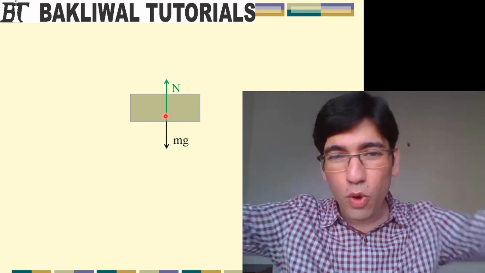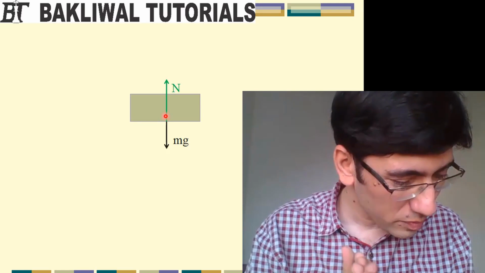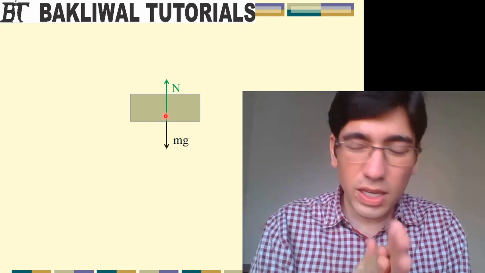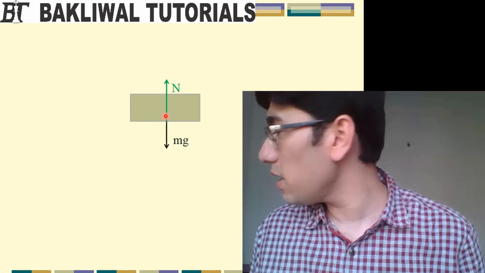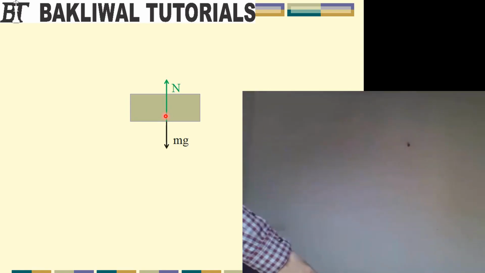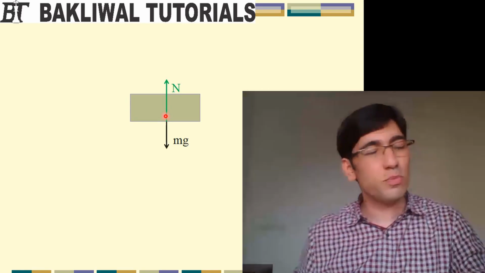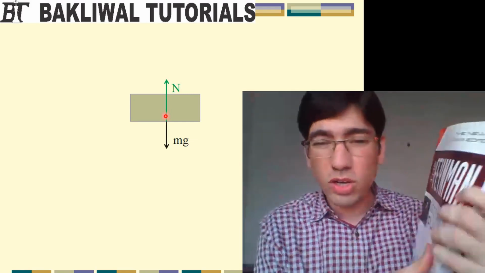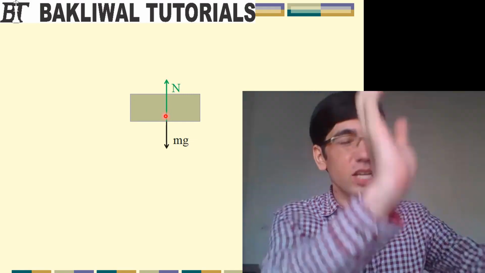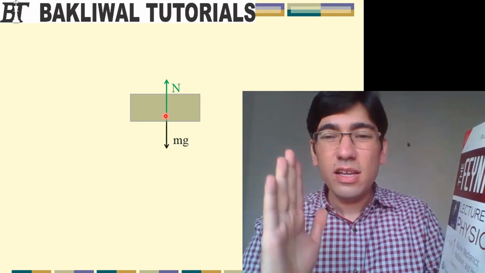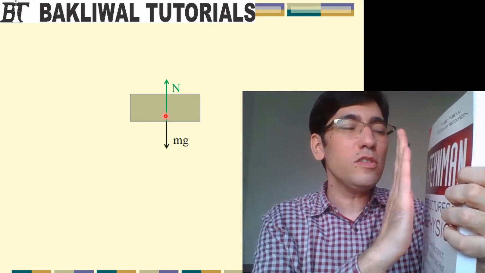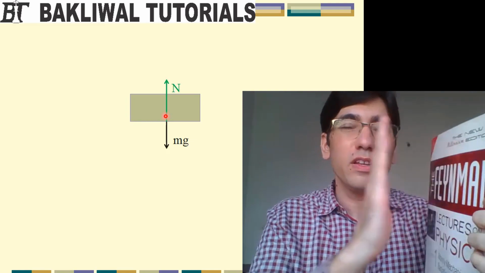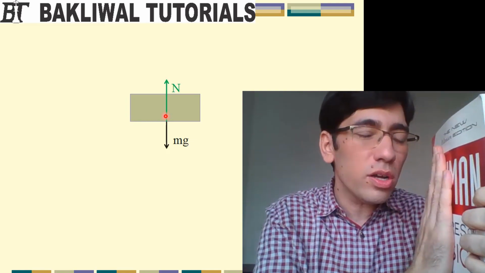Shall I tell you in brief what Newton's third law is? See, it's very, very simple. Let's say I have this book with me, a very famous book, Feynman Lectures, and I push this book with a force F. So my hand pushes this book with a force F in that direction.